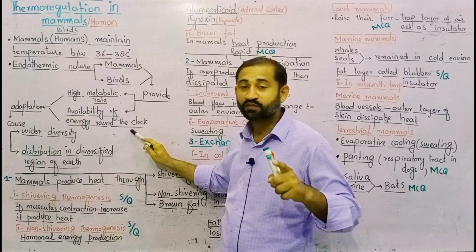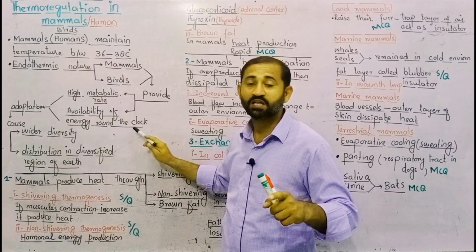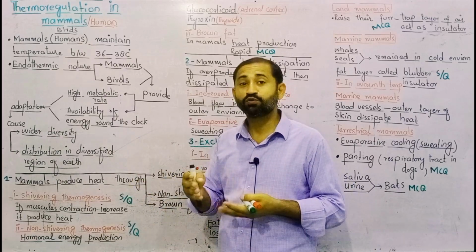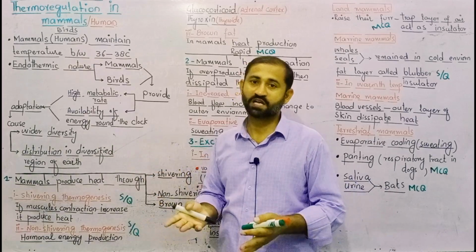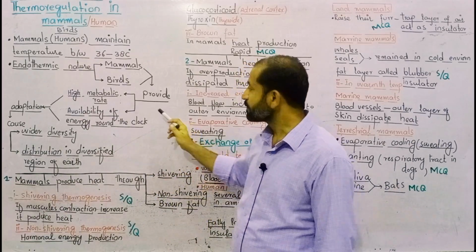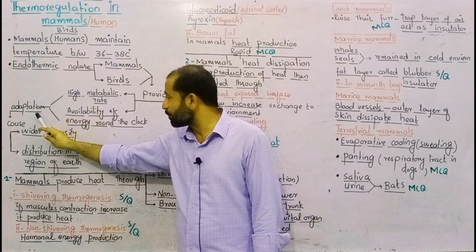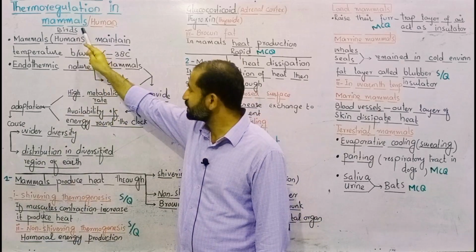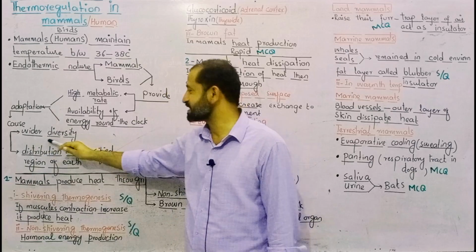Their metabolism produces energy or heat for the animal around the clock, so this heat is available at all times. These two causes produce adaptations that allow birds and humans to have wider diversity.